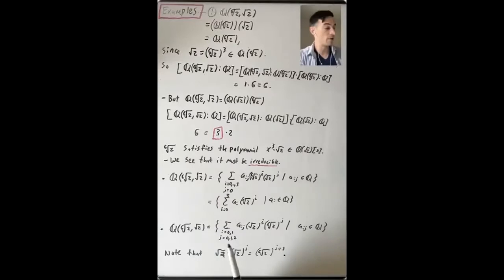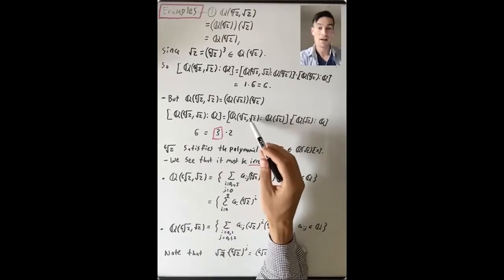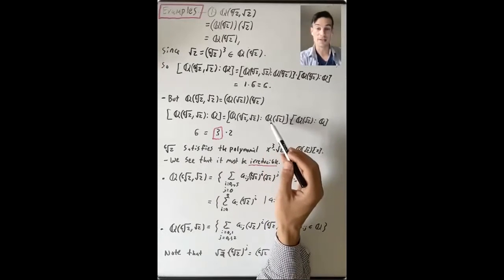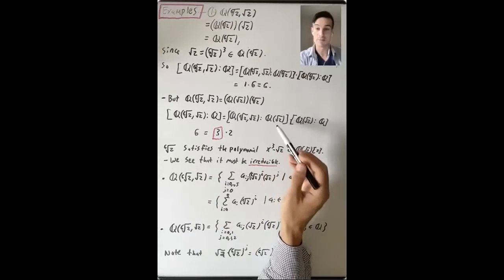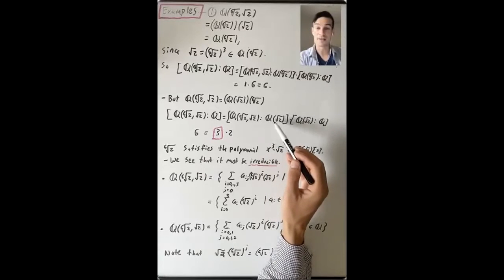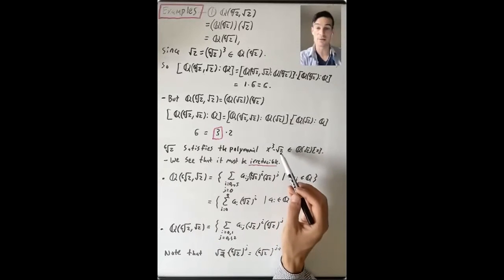So let's think about what that means. That's saying that the minimal polynomial of the sixth root of 2 over Q adjoin square root of 2 has to be degree 3. So let's find some monic polynomial satisfied by the sixth root of 2 with coefficients in Q adjoin square root of 2. Well, here's one: x cubed minus the square root of 2.